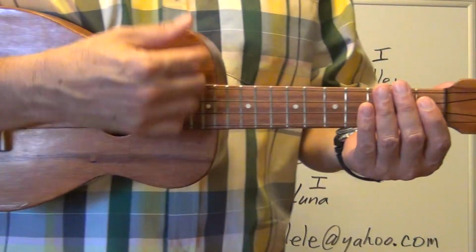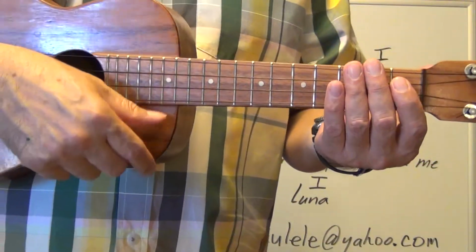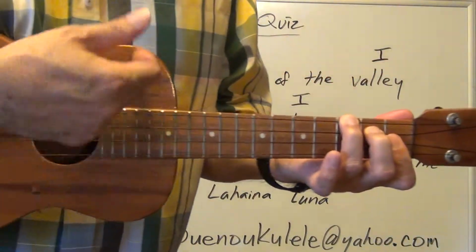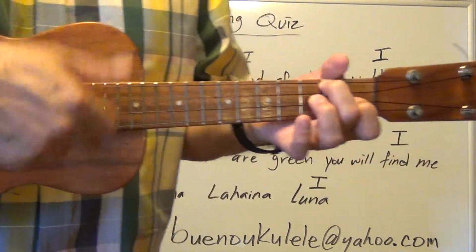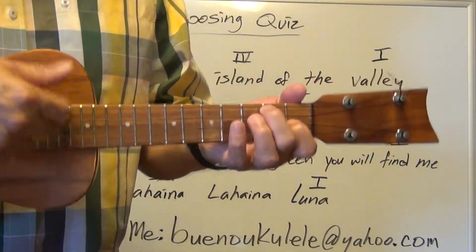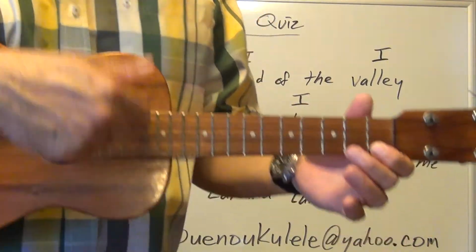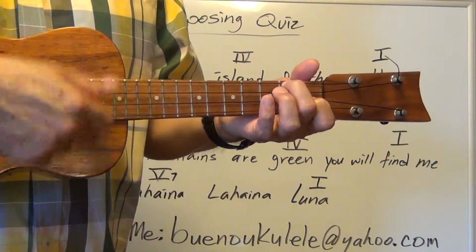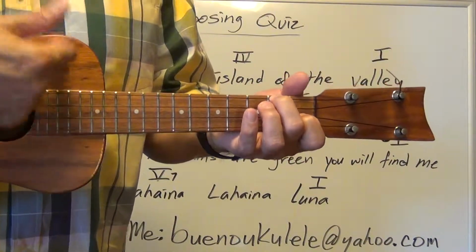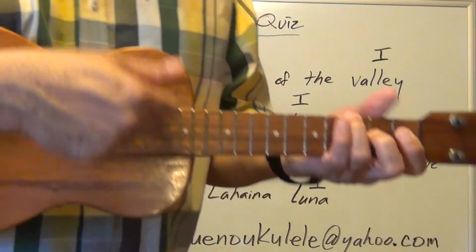Here we go. 1, 2, 3, 4. I'm going to the 4 to the island, back to the 1, 5/7 to Lahaina, back to the 1, Lahaina Luna, where the mountains 4 are green, you will find me.